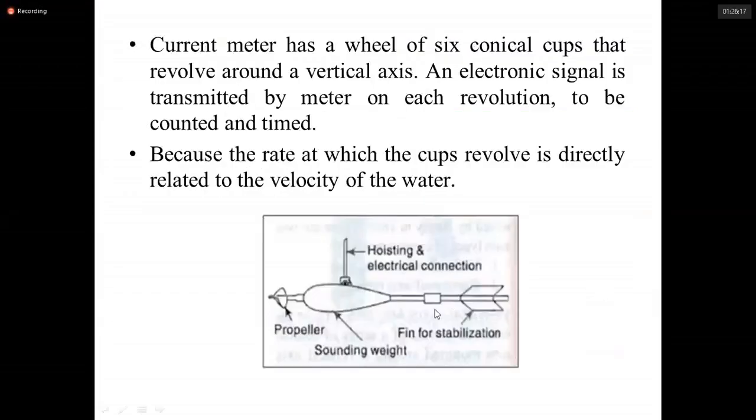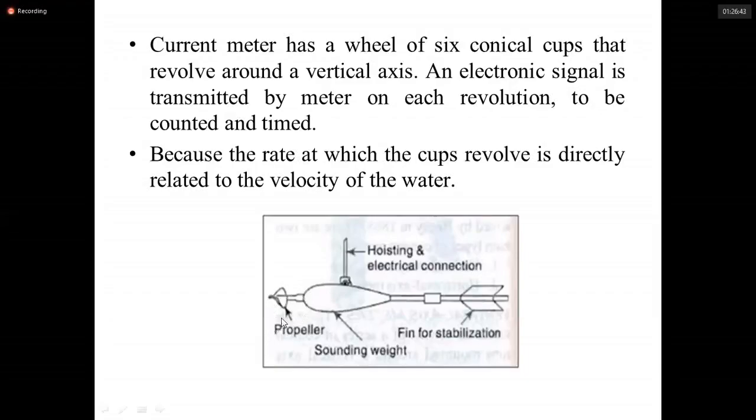The current meter has a wheel of 6 conical cups. In the front portion here, you can see the 6 conical cups that revolve around a vertical axis. An electronic signal is transmitted by the meter on each revolution to be counted and timed.